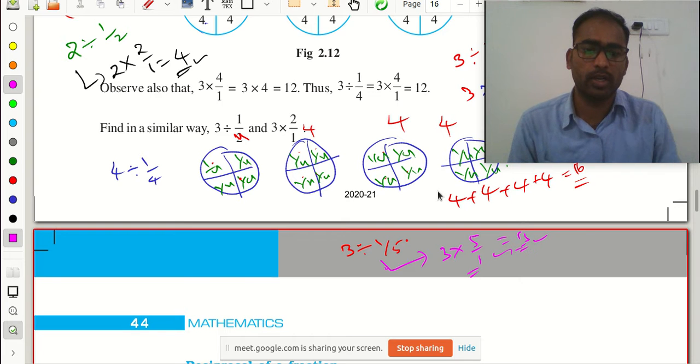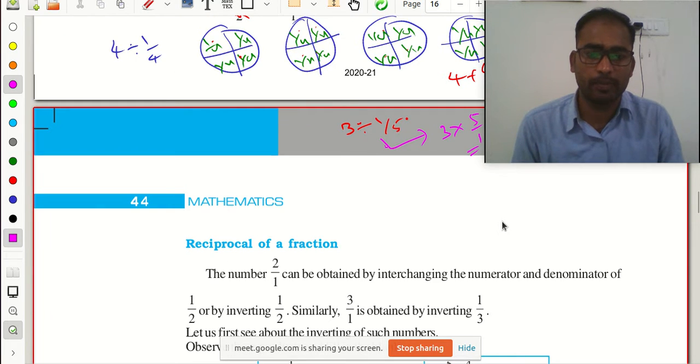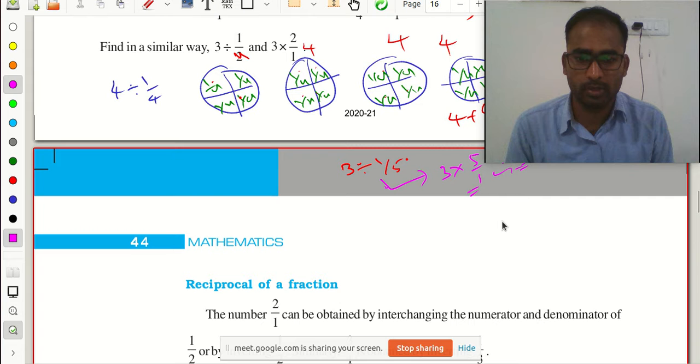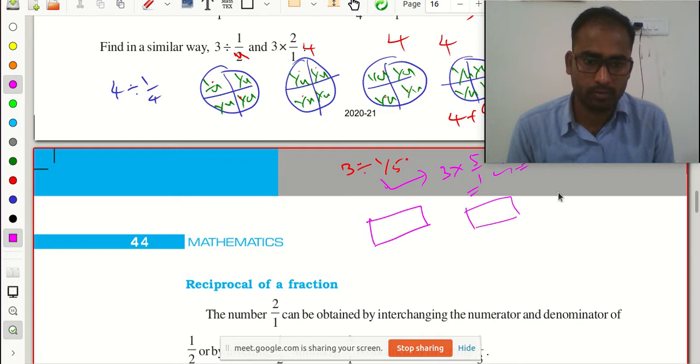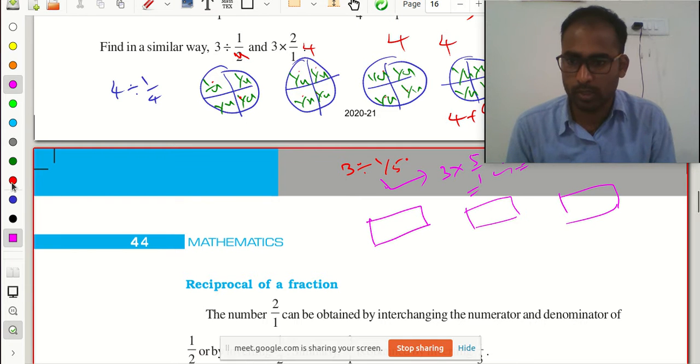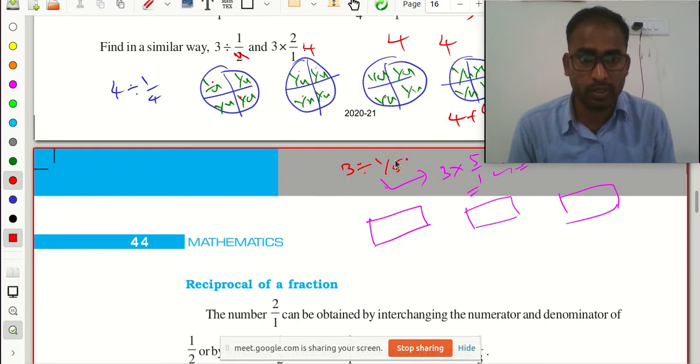But how can I represent it pictorially? I can write this pictorially. So I am having 3 parts now. See here. Instead of doing a circle, I can make it with a rectangle also. So 3 parts, and I need to divide each part into 5 parts.